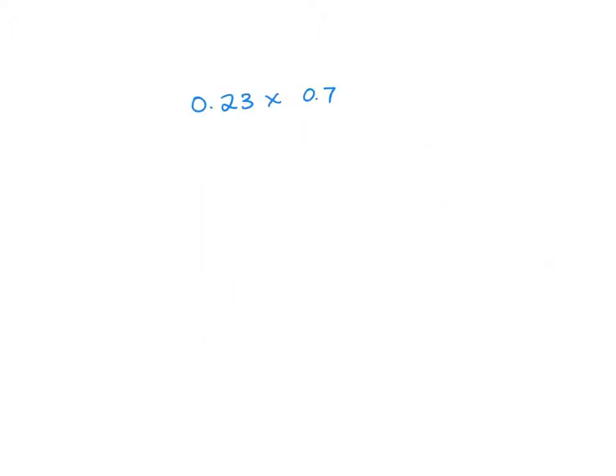Let's look at another example, but this time we're just going to do it straight with decimals. And I'm going to write it up and down, 0.23 times 0.7. And now I'm just going to multiply. I'm going to ignore the decimal points, and I am going to multiply just that 23 times the 7. So when I do that, 7 times 3 gives me 21. I put down the 1.